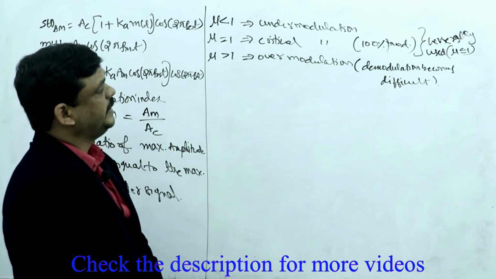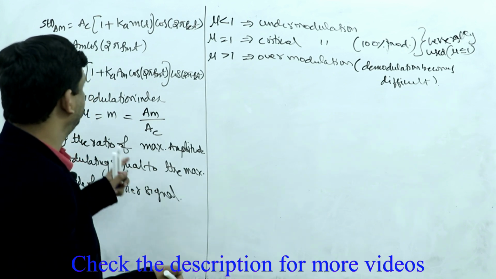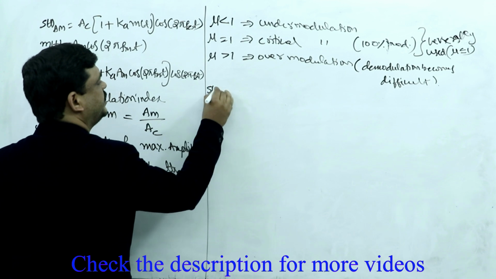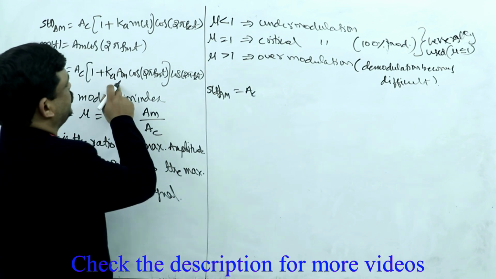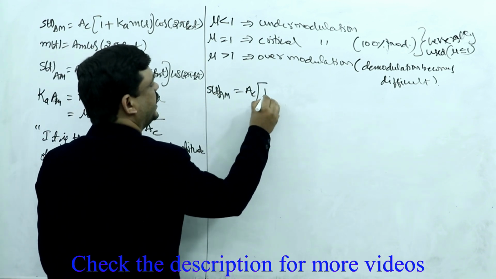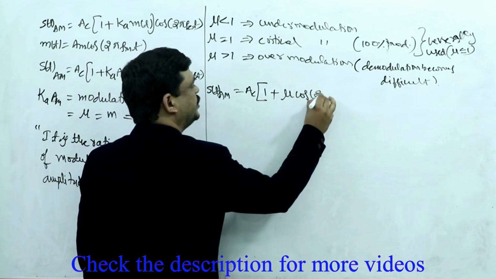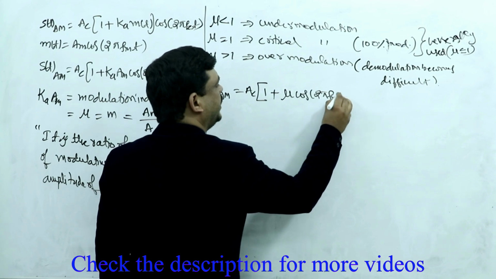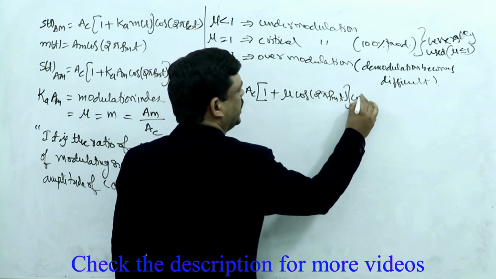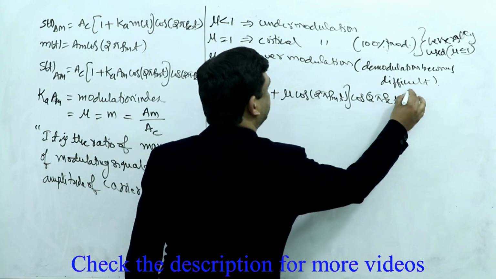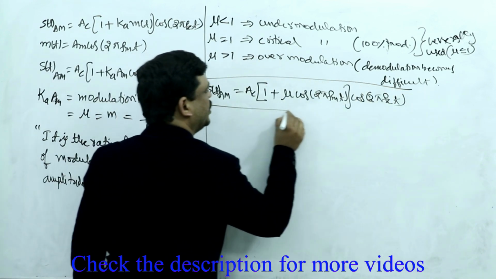Then the single tone AM modulated signal consists of this equation. I want to write separate terms here. Substituting mu, the equation becomes Ac into 1 plus mu cos(2πfmt), into cos(2πfct). This is one of the standard equations.